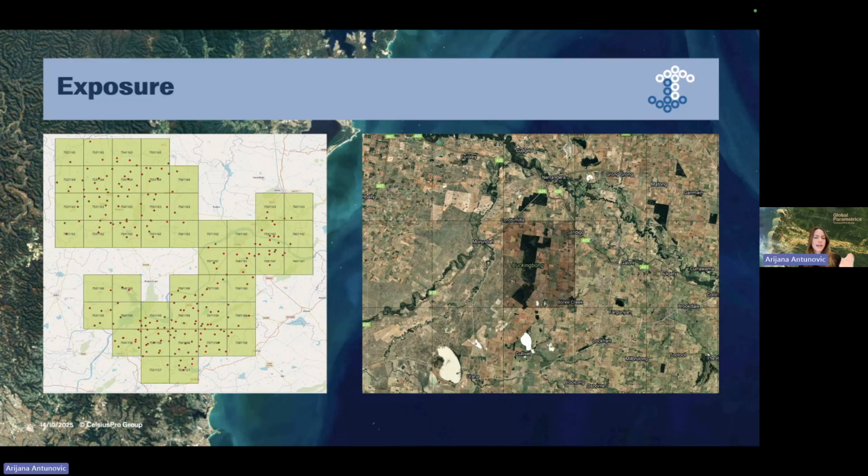Or on the left-hand side, you might be able to see a multi-farm exposure where we take the coordinates, so latitude, longitude of the farm locations, and then we allocate a grid cell to each of these farm locations. So every one of these grid cells will basically be a subcontract. And then the farmers that fall within that grid cell would buy the limit or the contract within the grid cell that they fall within.